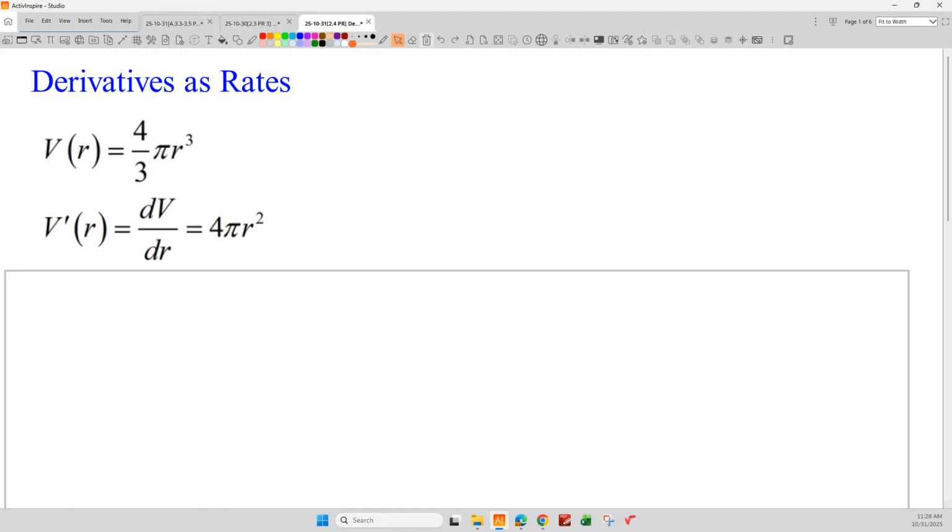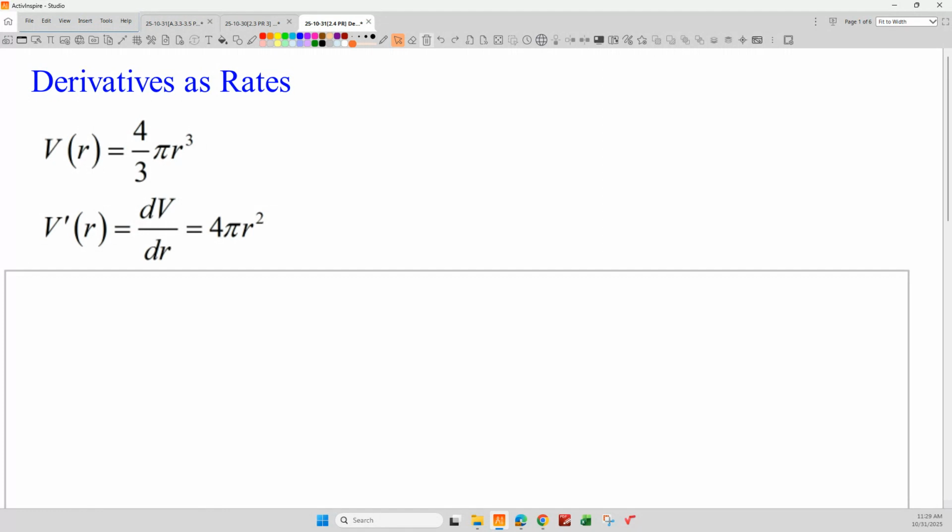I mean, that gives you some real intuition. The rate of change of the volume of a sphere is equal to its surface area. Well, you can kind of play a little animation in your mind there. As the sphere grows, what's the only part that you can see? The surface, right?